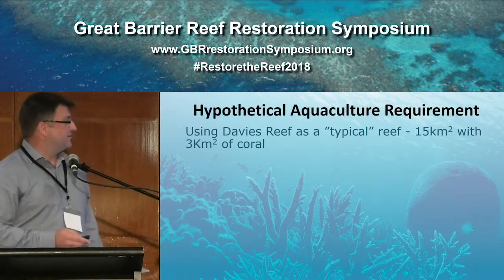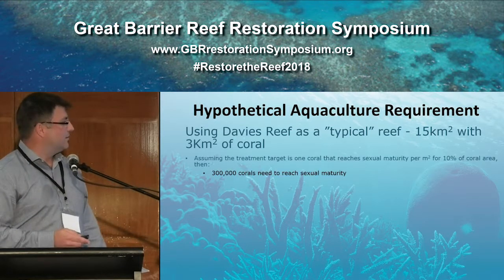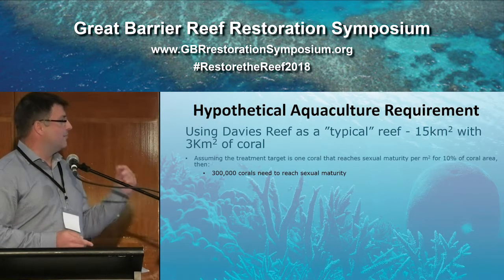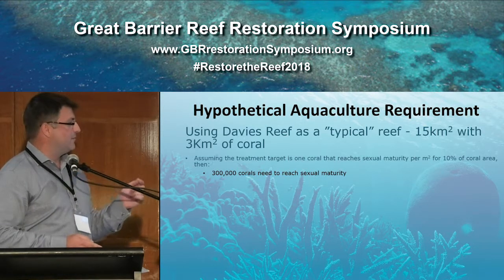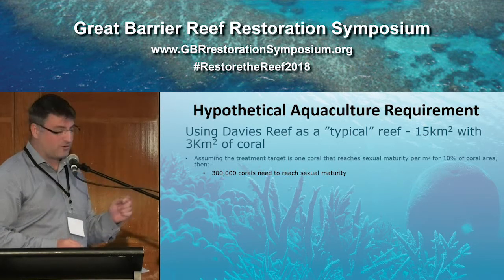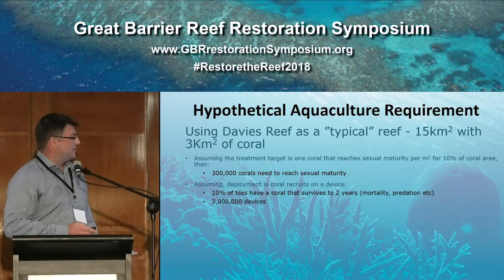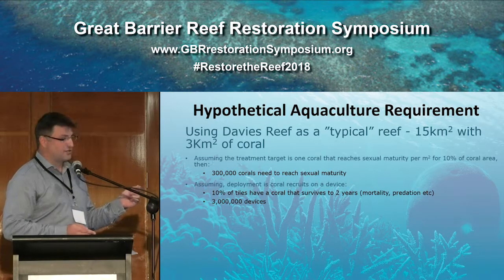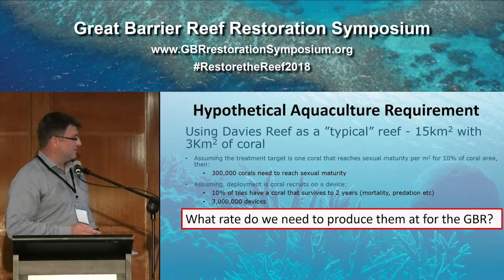Using the Davis Reef as a typical reef with 3 kilometres squared of coral, and we assume that one target coral reaches sexual maturity per metre squared for 10% of that coral area, then 300,000 corals would need to reach sexual maturity. Assuming deployment is coral recruits on a device like the Secor I showed earlier, 10% of the tiles that survives in 2 years, we'd need 3 million devices for that reef.